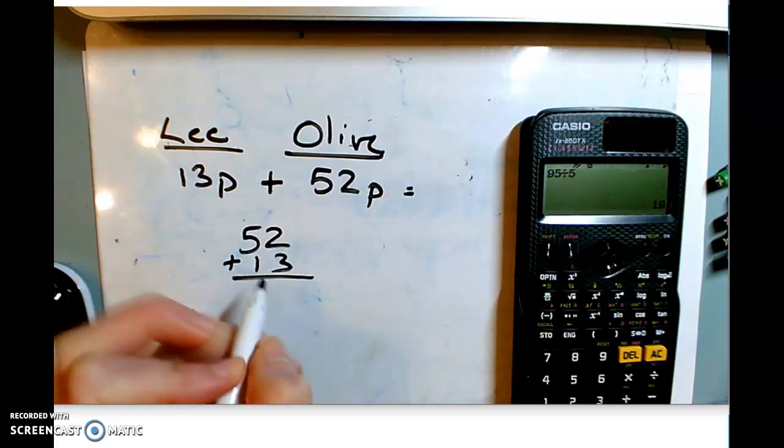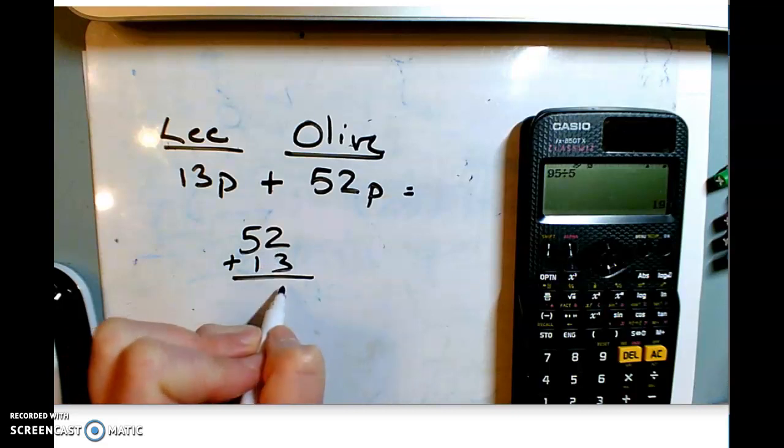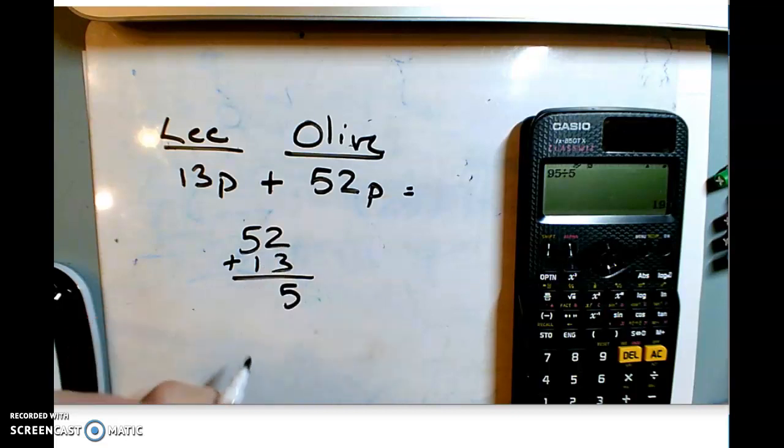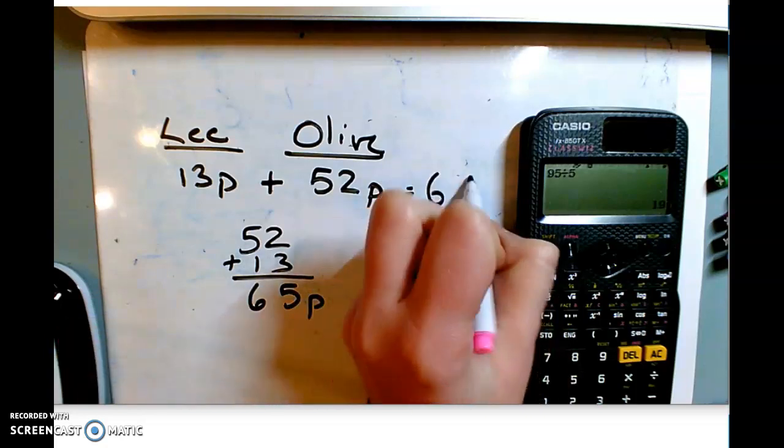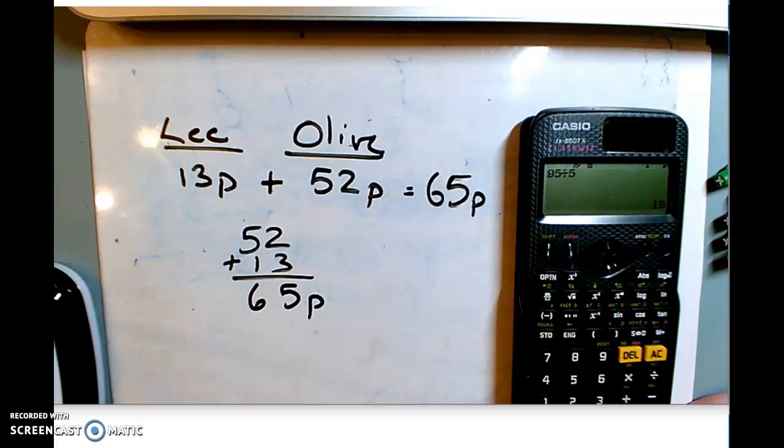If we add starting from the units or the ones here, 3 plus 2 is 5, 5 plus 1 is 6, so we have 65p. Again, you can double check that in a calculator as well. So we have 52 plus 13, that is 65p. That's how much they have all together.